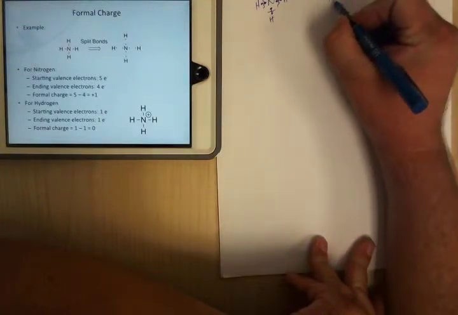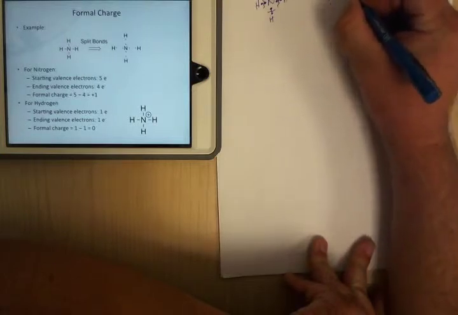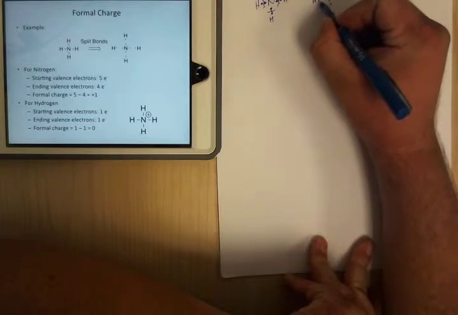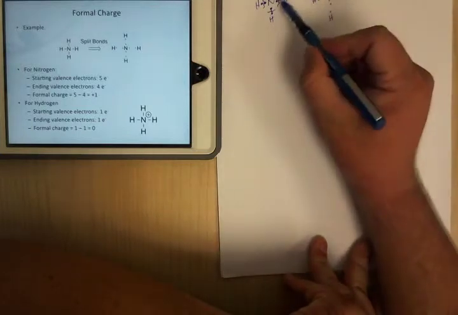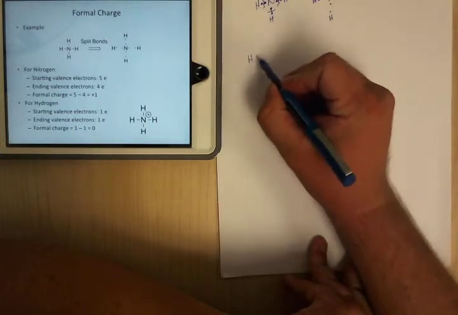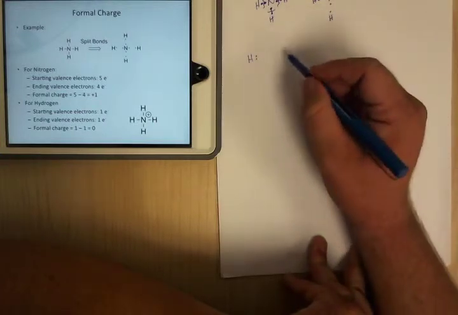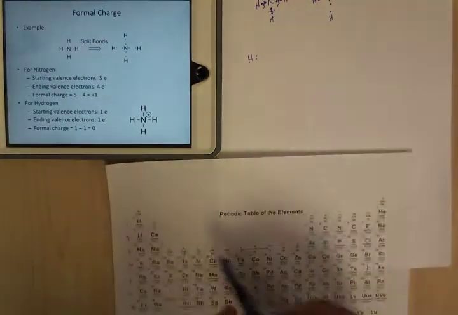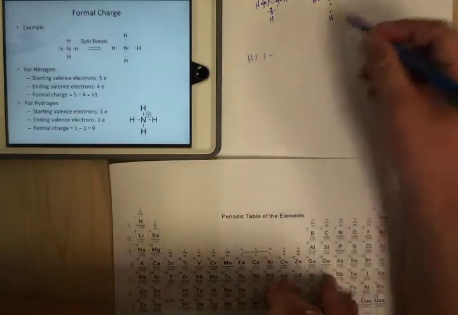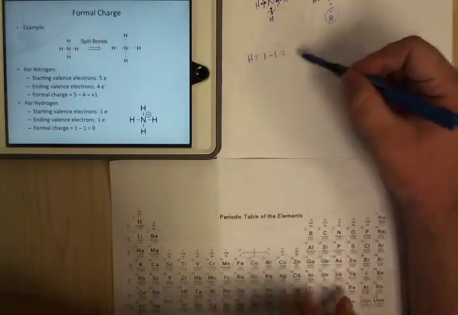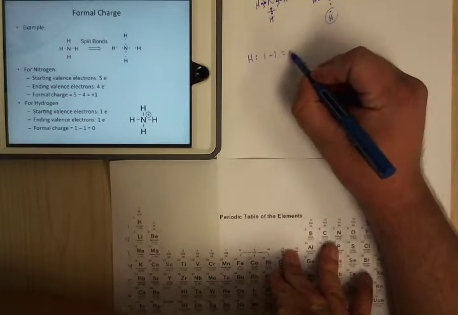If you split this out, the nitrogen would look like this, and each hydrogen would look like that. So for the hydrogens, they normally have 1 valence electron. How many do they have now? 1. So the formal charge is 0.